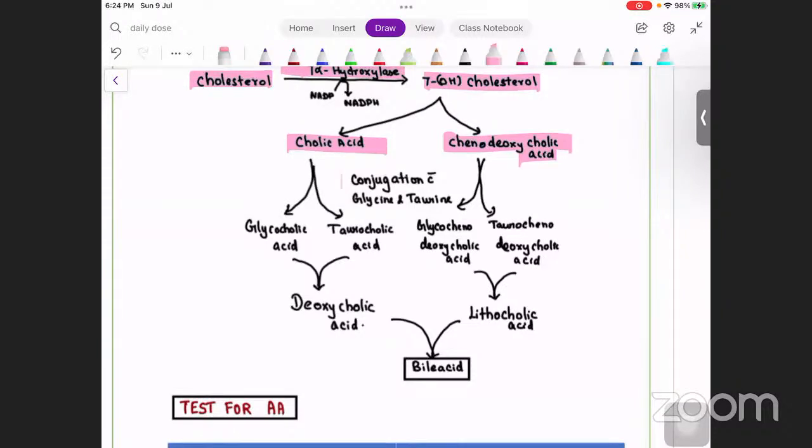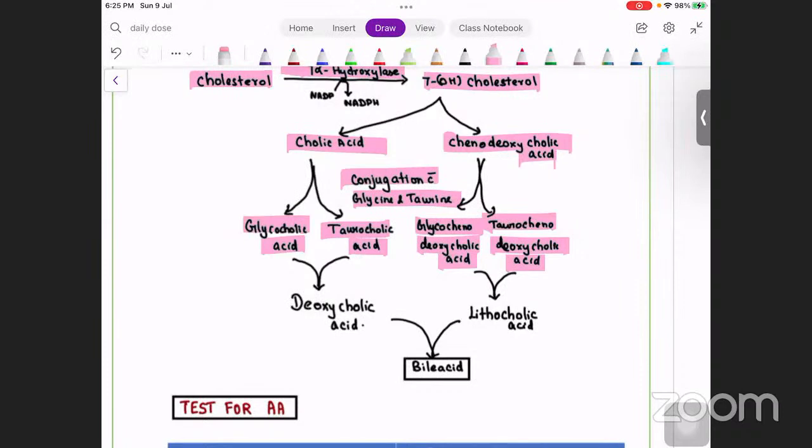Along with that, there is conjugation with glycine and taurine. Cholic acid will become glycocholic acid, and taurine will combine with cholic acid to form taurocholic acid. Similarly, chenodeoxycholic acid will combine with glycine and taurine to form glycochenodeoxycholic acid and taurochenodeoxycholic acid.